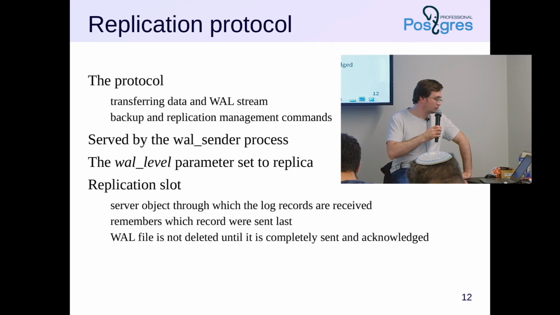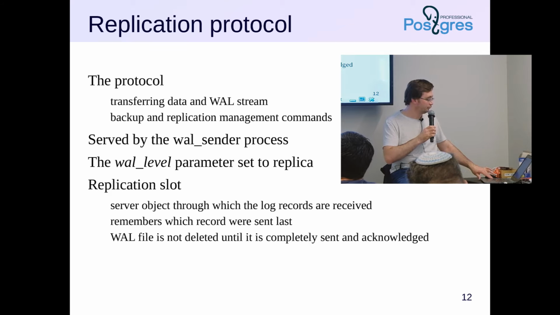About the replication protocol. The replication protocol allows you to manage backups and replication. There are some internal commands to manage this process, and it is possible to transfer data and WAL records by this protocol.